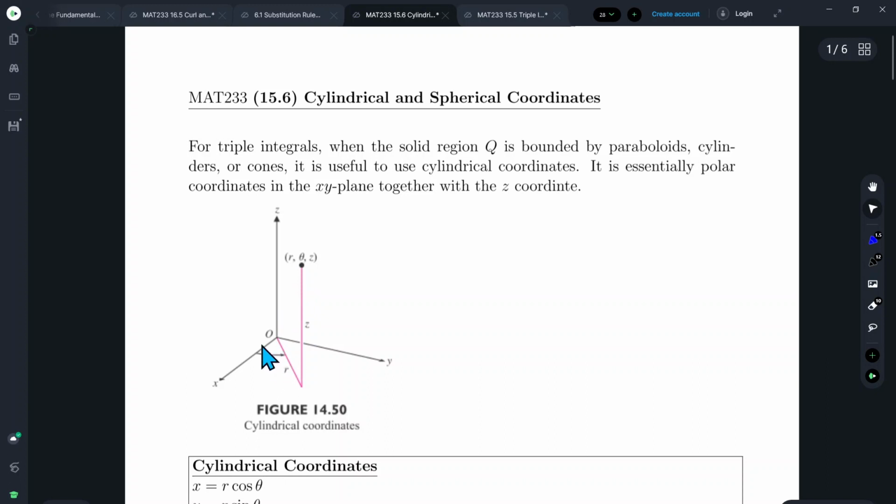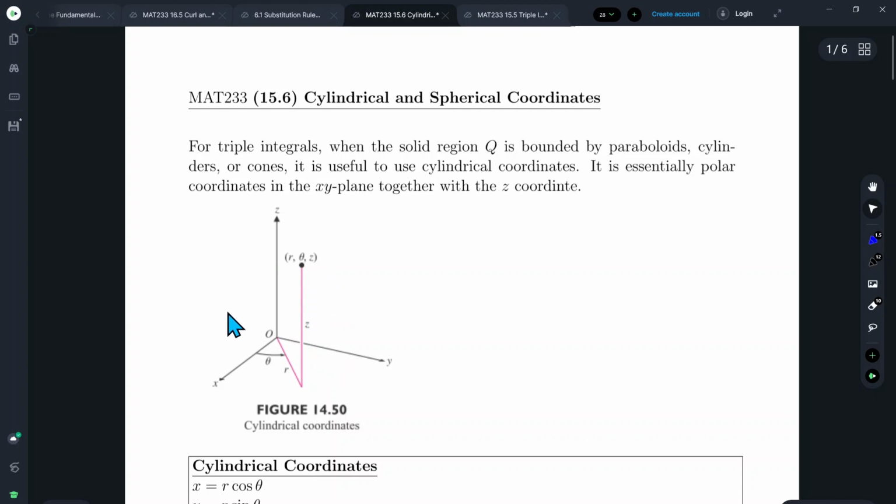Notice that the angle theta is playing the same role as in polar coordinates in the xy plane. The parameter r is the distance in the xy plane from the origin out to this point here, and then the z coordinate is just the height.